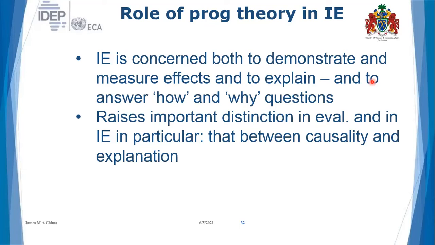This, therefore, raises the important distinction in evaluation, and in impact evaluation in particular, which is the distinction between causality and explanation. The causal links to the effects that occur among the target population, and the explanation that characterizes the effects that are manifested in the targeted population.